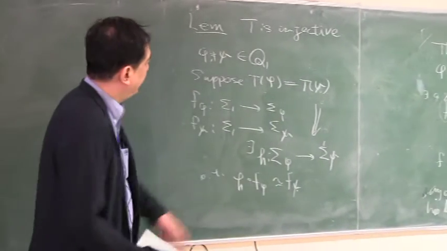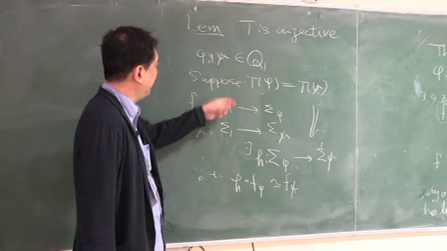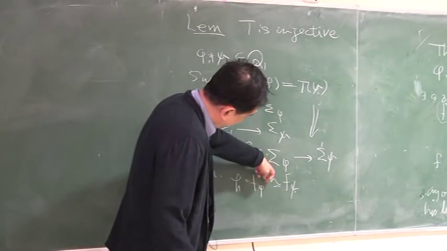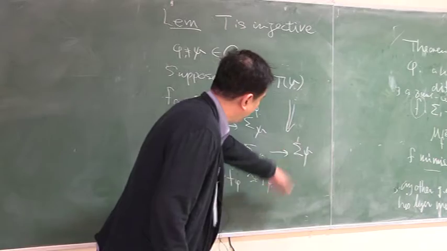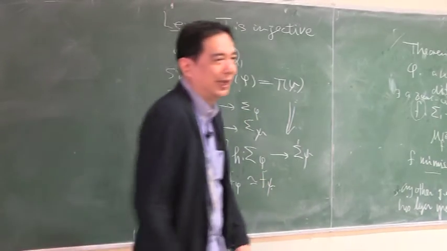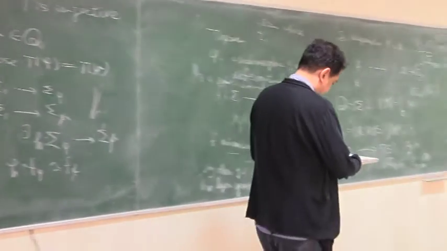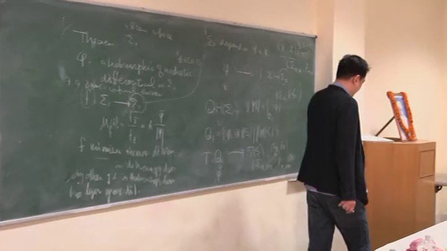Okay, because they represent the same point. So after the composition of F1 here, they should be homotopic, so that we can drop F1 and then you have a homotopy like that.